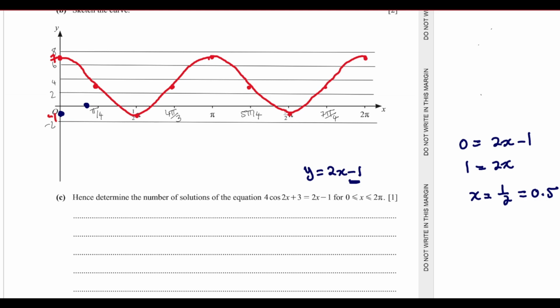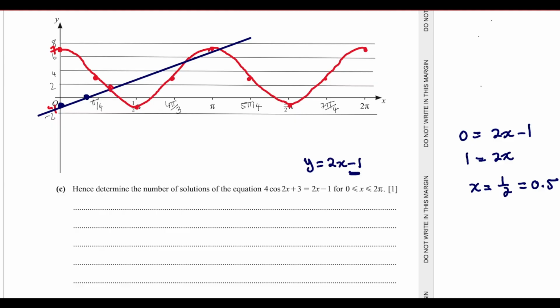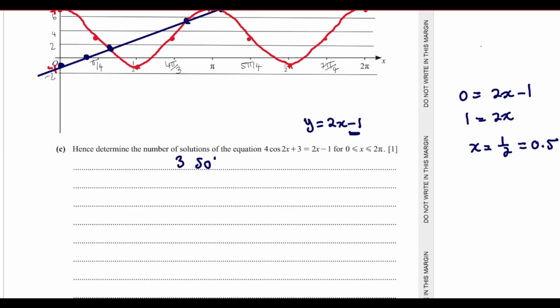In fact, I think you should do this in pencil and then erase this line that you've drawn on here, because for question B you're strictly supposed to draw a cosine graph, not the straight line. But this helps you to see how many solutions there will be. Remember, when you equate two graphs, it's where they intersect each other. We have 1, 2, 3 points. So there will be 3 solutions.